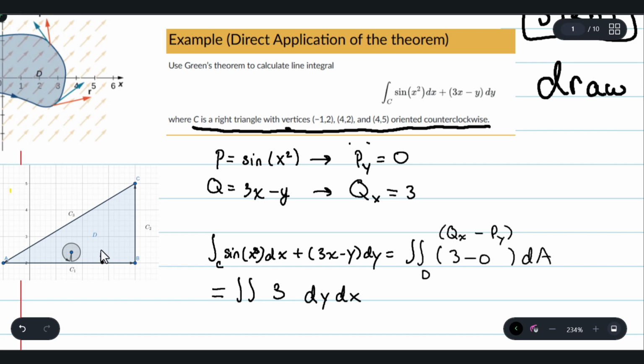So fixed x, stack the dy's, going from bottom to top, and if I do that, I notice the first curve I encounter is this bottom curve over here, and that's when y is specifically equal to 0. That's the equation of this particular curve with respect to y as a function. As I go up, I get to the last curve over here, which is the slanted line, the hypotenuse of this triangle.